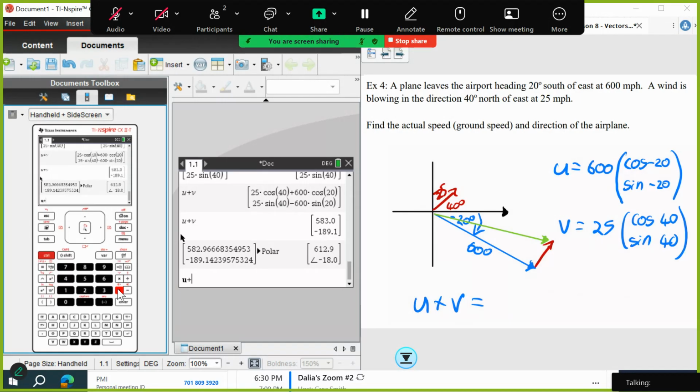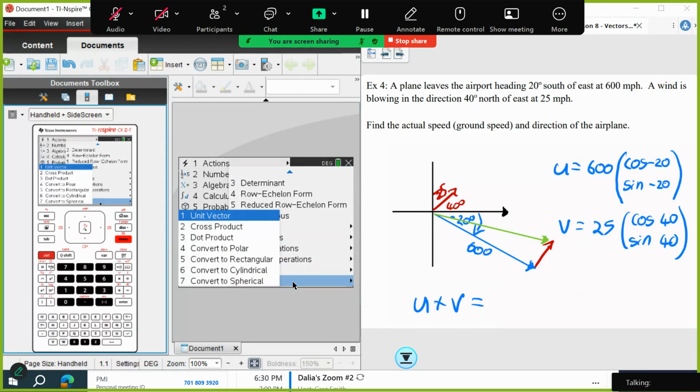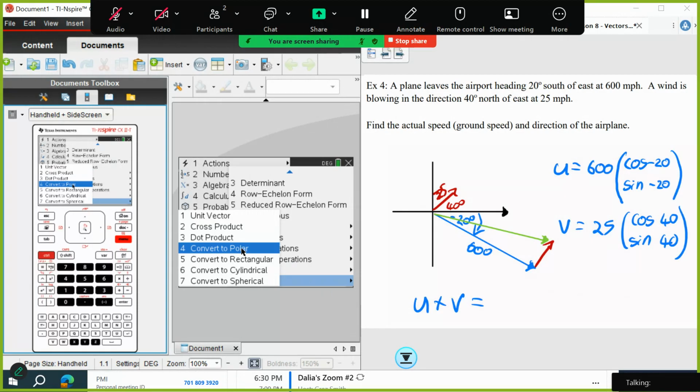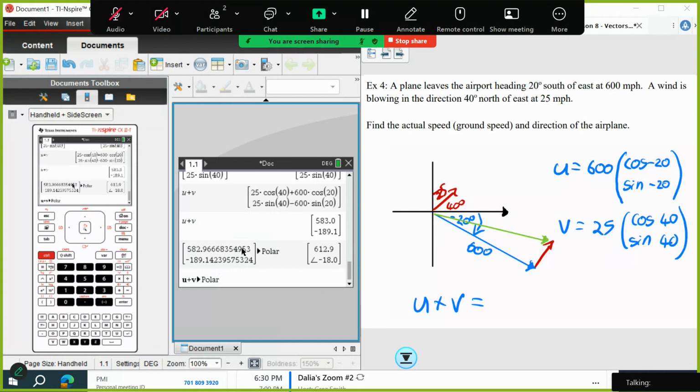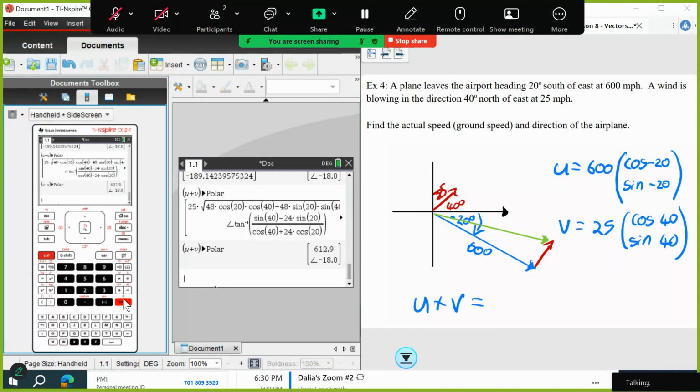Then I press menu, vectors, vector operations, number C, and then convert to polar. So menu, was it menu 7C4? Enter. Or control enter.